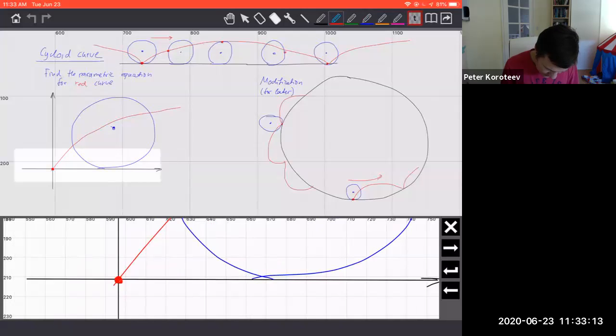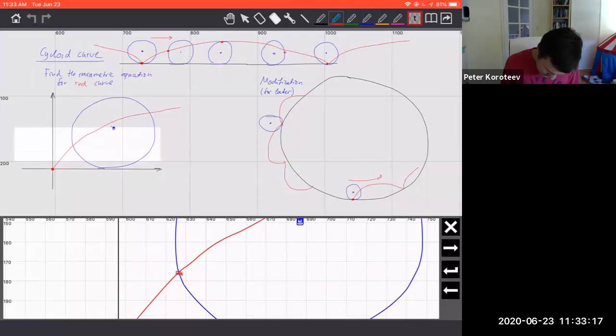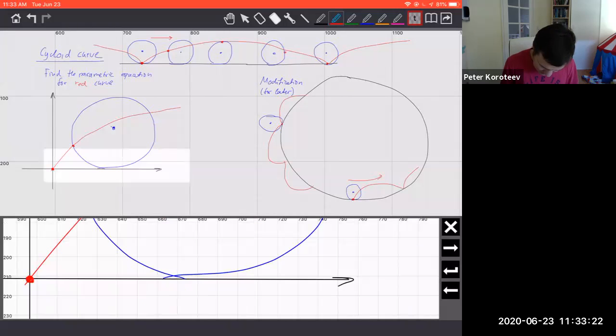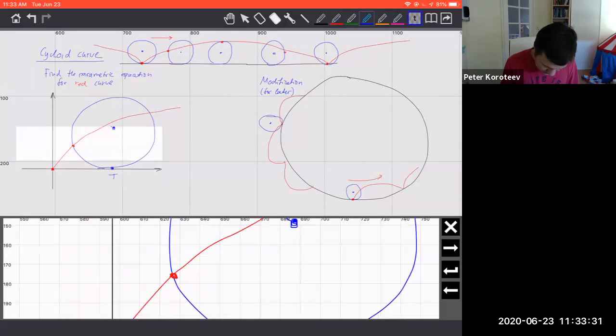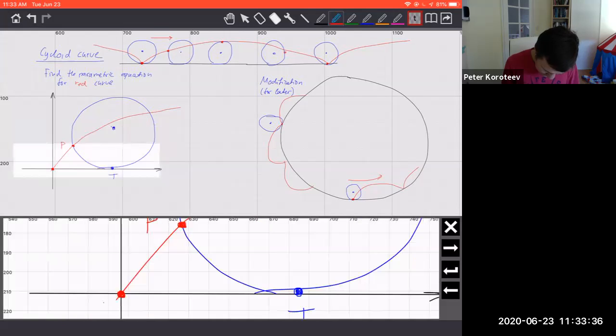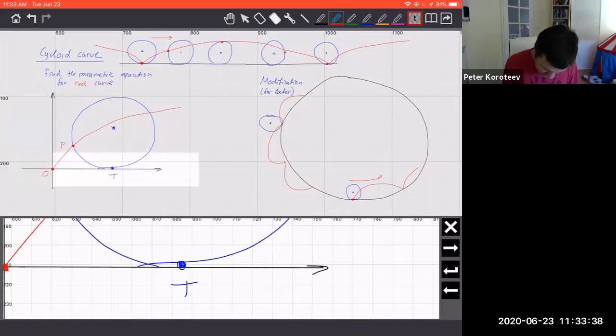So as the tire rolls to the right, this mark rises, and then at some point in time, where the bottom of the tire is here, let's call this point T. This point is P. So the mark is at point P. This is point O, the origin, and well, this is actually the bottom. Try to make it better.